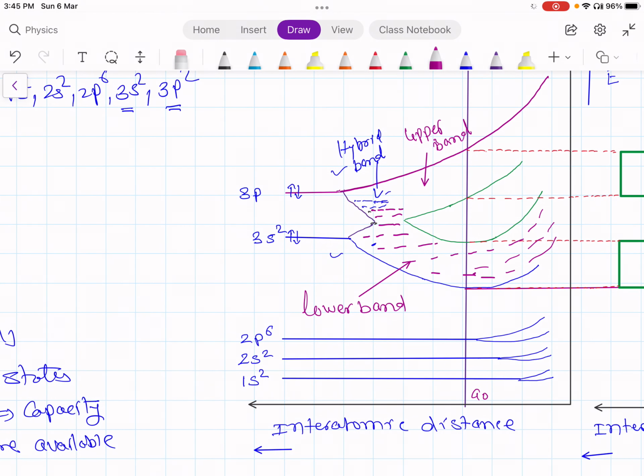At actual interatomic distance, you can see these 3p and 3s bands. Initially they merge, they form the hybrid band, and then they split into two equal bands. However, 2p, 2s, and 1s are not splitting at all at actual interatomic distance.